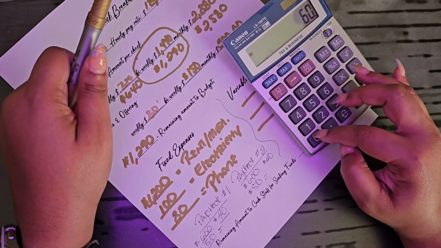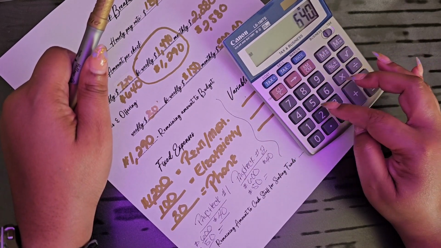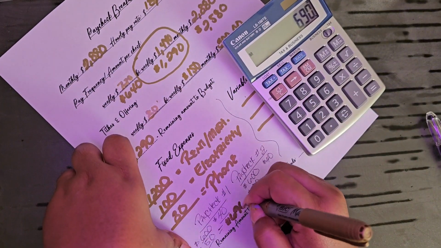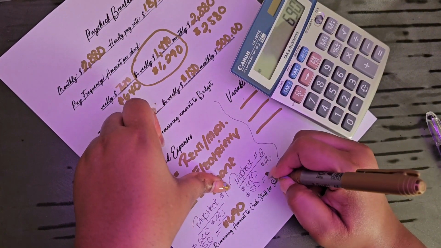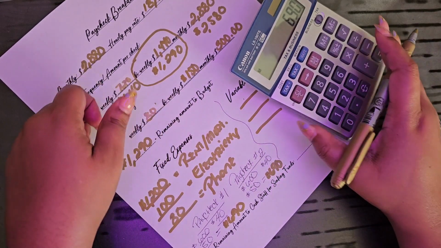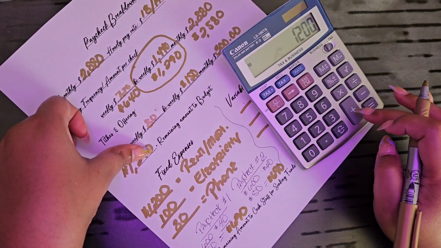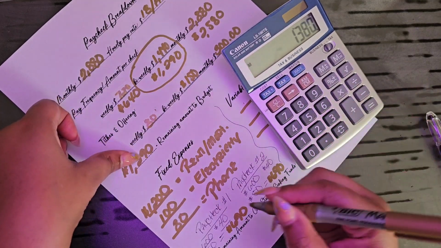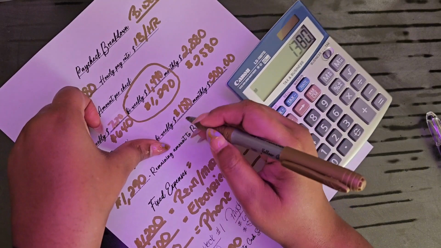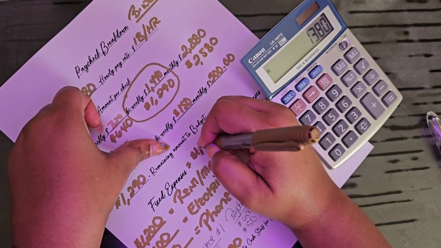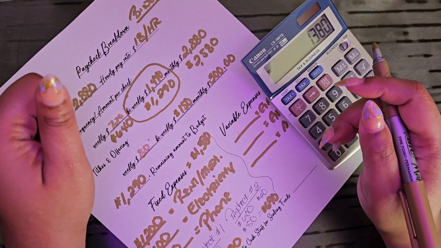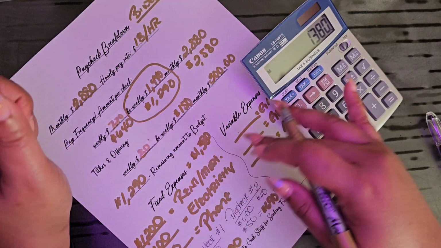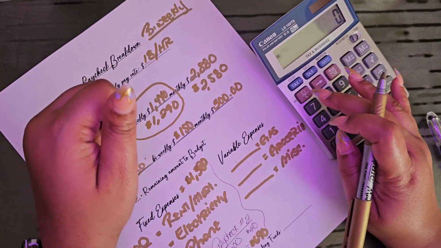Let's do that again. 600 plus 40 plus 50 is $690 each paycheck to cover your expenses. So 1,200 plus 100 plus 80, monthly expenses are coming out to be $1,380. Ew. But that's how much all her expenses will come out for fixed.